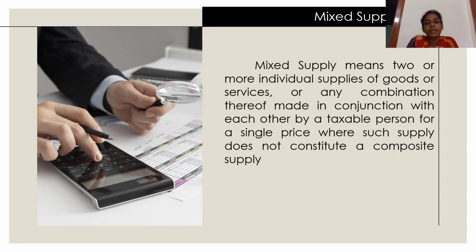Here it is individual supplies but we are providing them together, made in conjunction with each other by a taxable person for a single price. So here it is mandatory that it should be provided for a single price, where such supply does not constitute a composite supply. If it is a case of mixed supply, then it cannot be a case of composite supply.